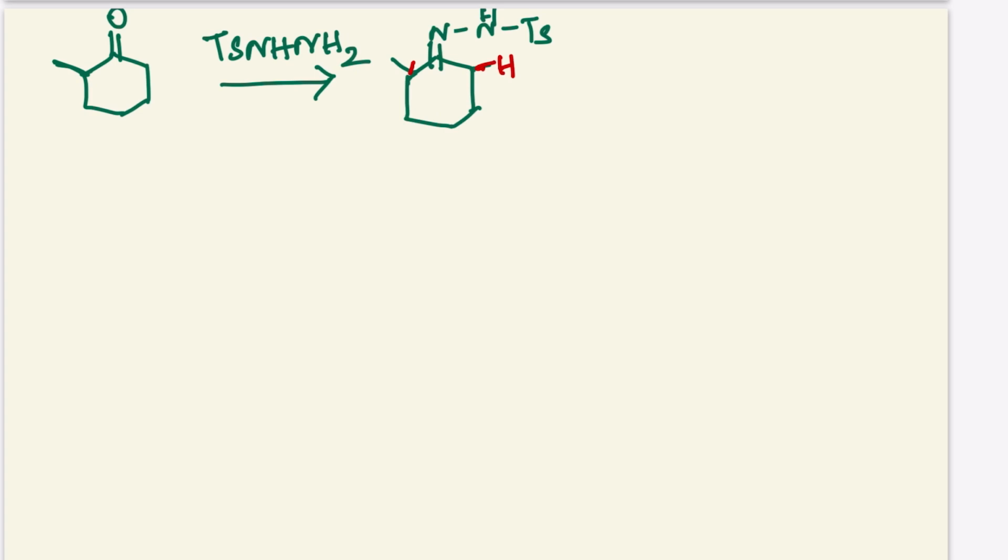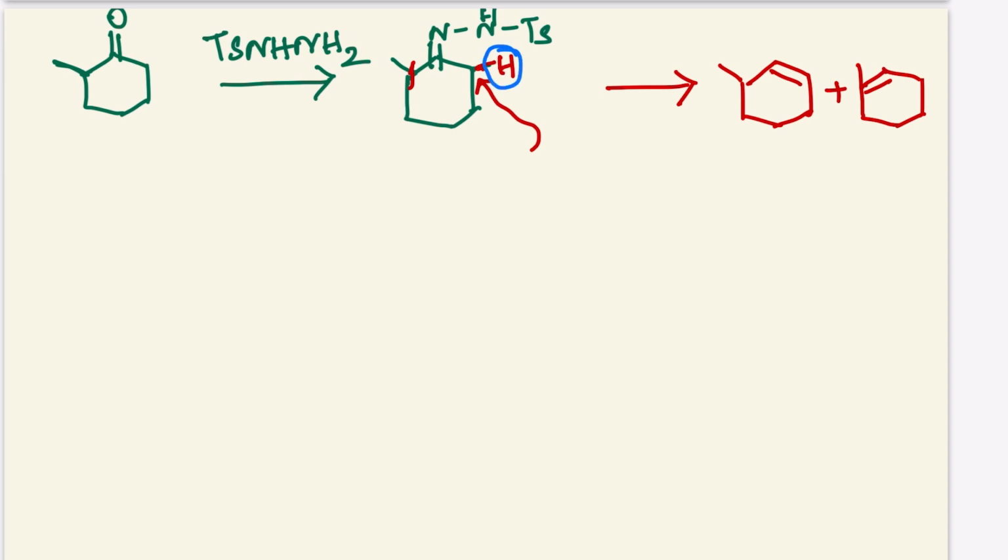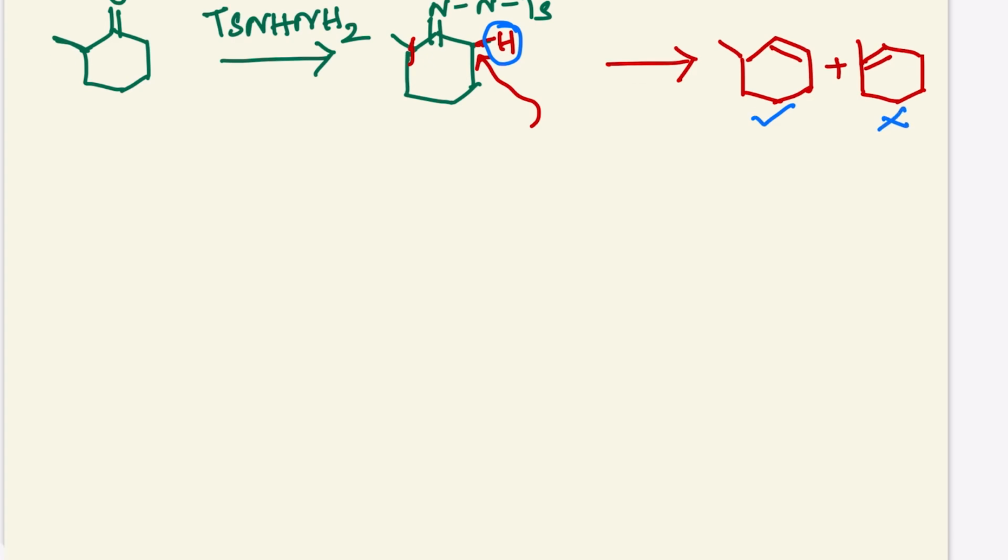Butyl lithium, since it is a bulky base, will always abstract the hydrogen on the less substituted side. There are two possible products, but since butyl lithium abstracts this hydrogen, this is the product that we are going to get, and the other is not.